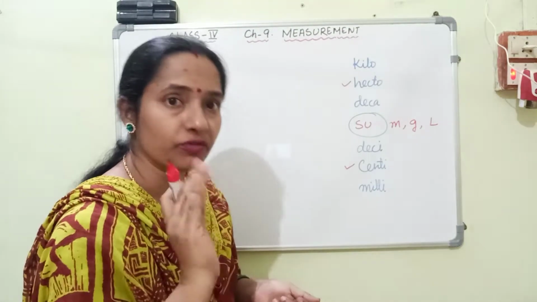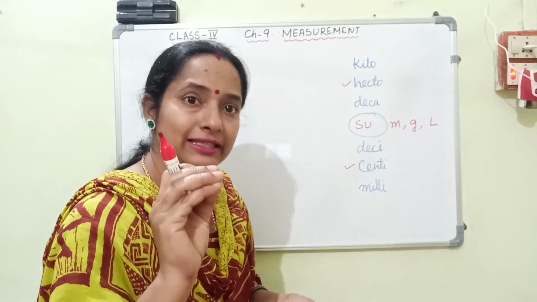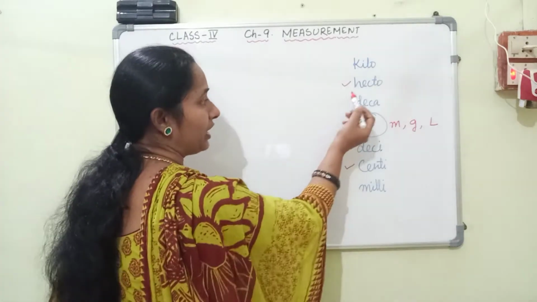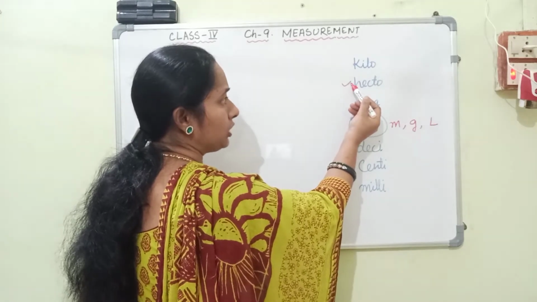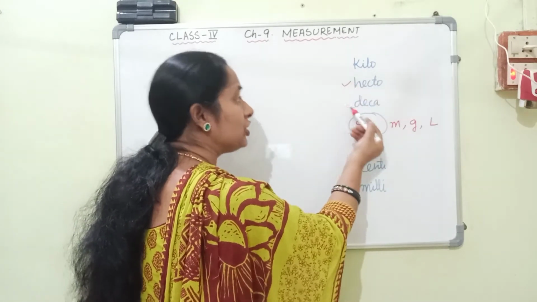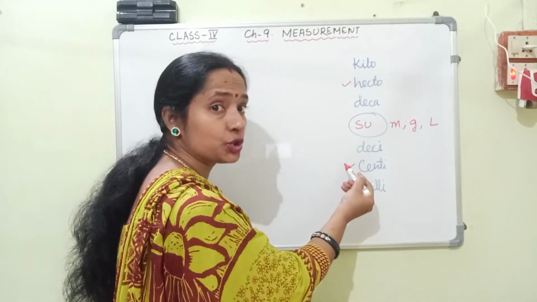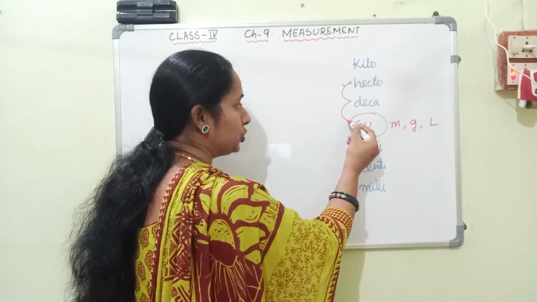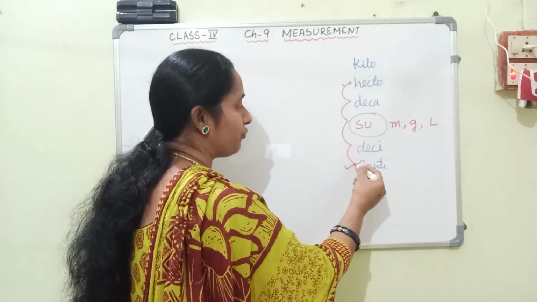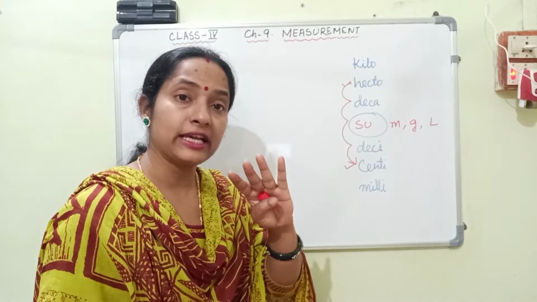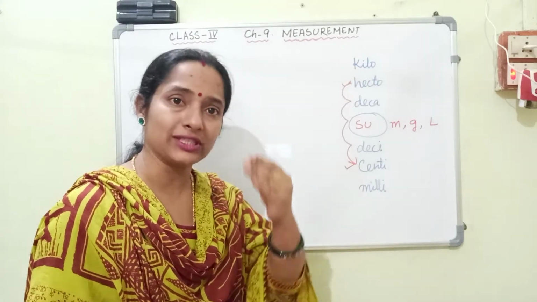So with what will we multiply? It's very easy. Just have a look very carefully. When I am trying to convert from hecto to centi, you just see how many units I am skipping to reach centi. I am skipping 1, 2, 3 and then 4. I am skipping 4 units to go from hecto to centi.